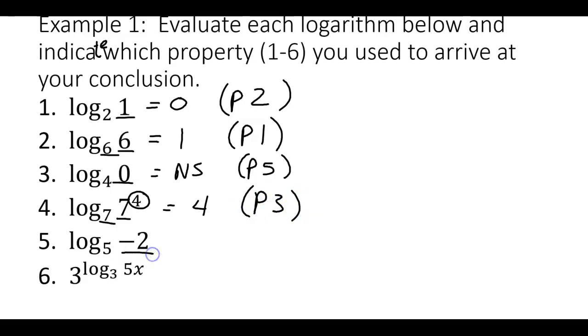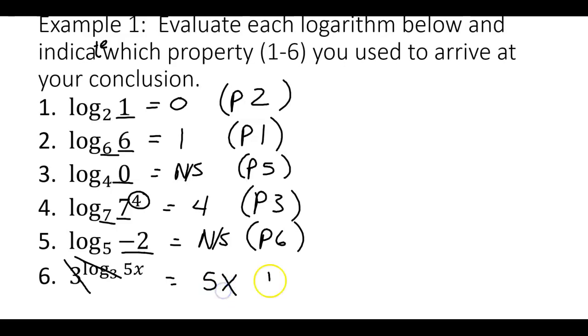Yep, so negatives aren't allowed, right? So we say no solution, and that's property 6. And this is the funky one. But the way I like to think of these is like this 3 cancels out the log 3, and we're left with 5x, and that's property 4.